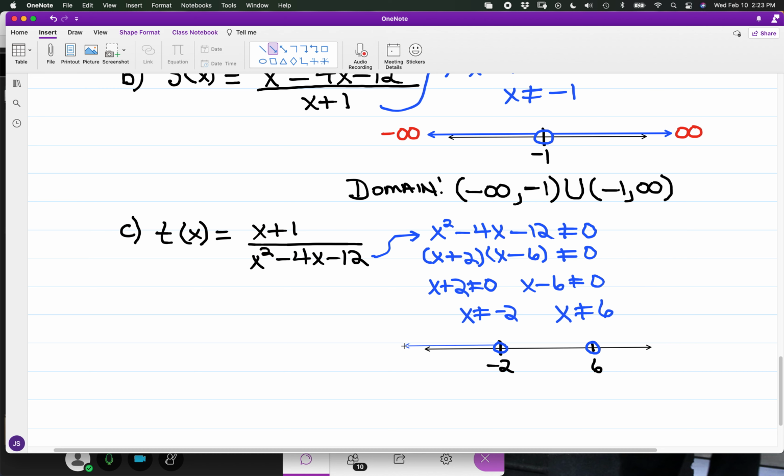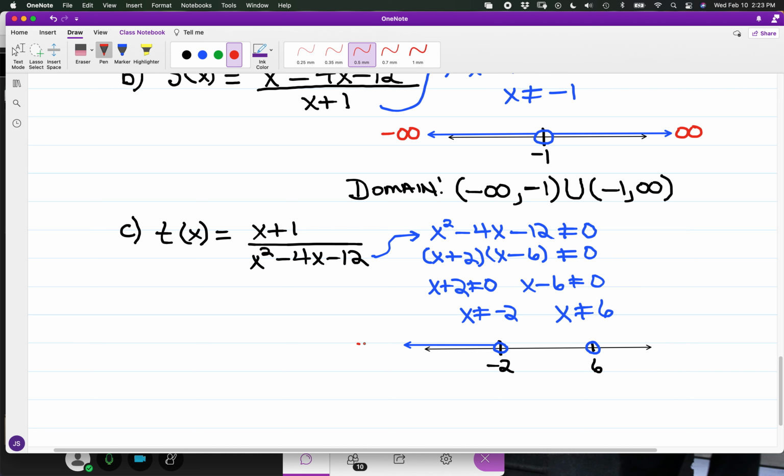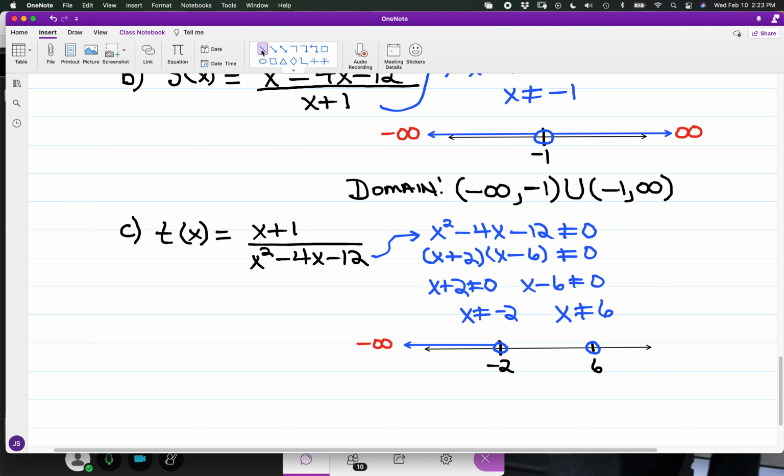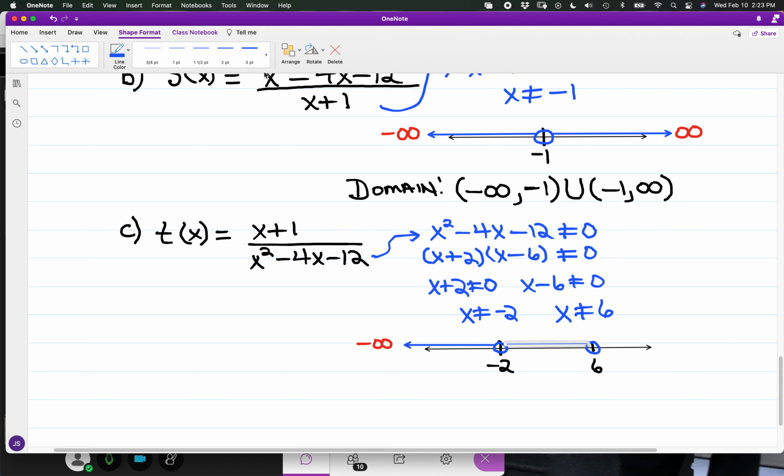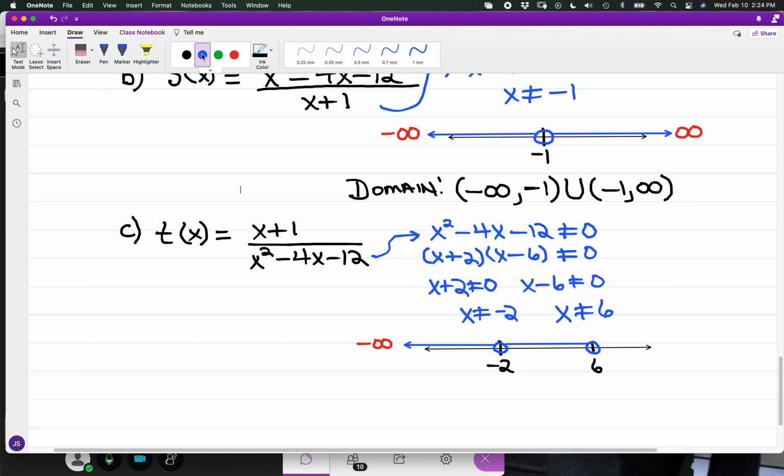One is where we have the set of values of x less than negative 2. The middle layer is the line segment connecting the holes situated on negative 2 and 6. And for the top layer, we have those values of x greater than 6.